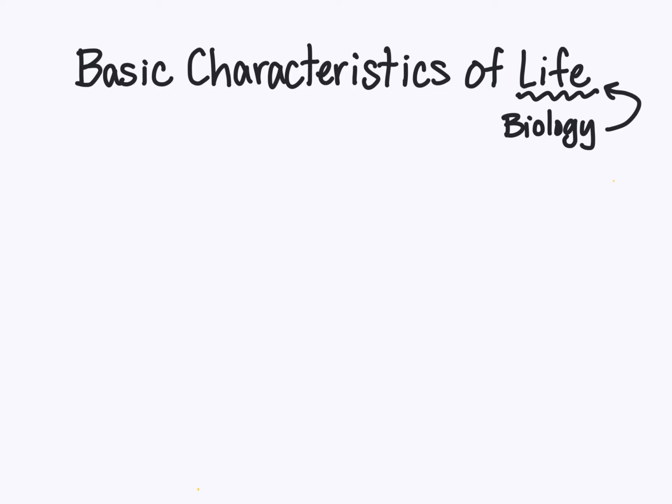Well, based on what we know about life on Earth, we have 6 characteristics that something has to have in order to be considered alive. And those characteristics are, first of all, life is organized.